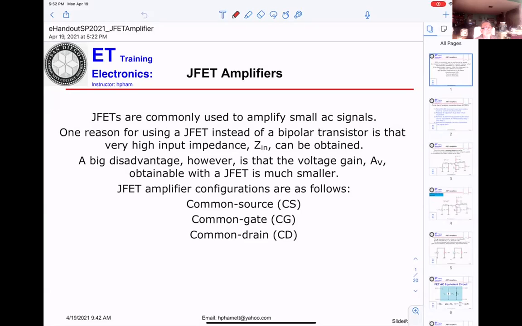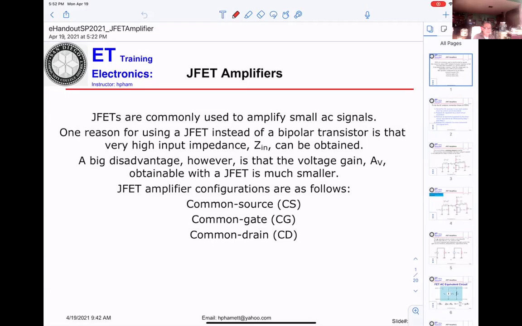If they want the high impedance input, then they use the JFET instead of the bipolar. If you want more gain, then you can use the bipolar. A big disadvantage, however, is that the voltage gain AV obtained with the JFET is much smaller.